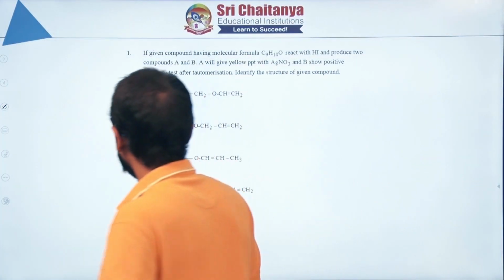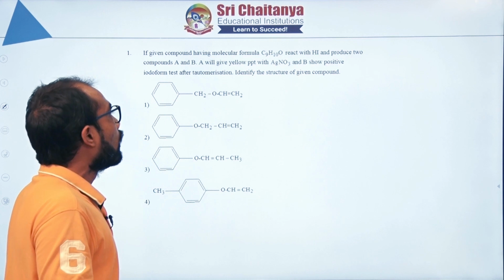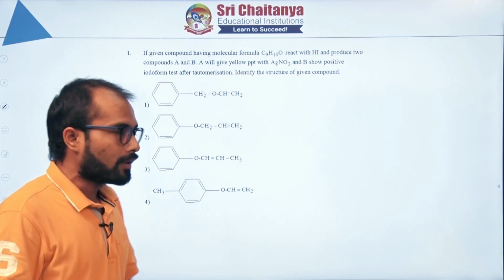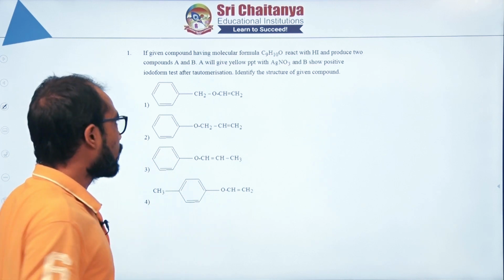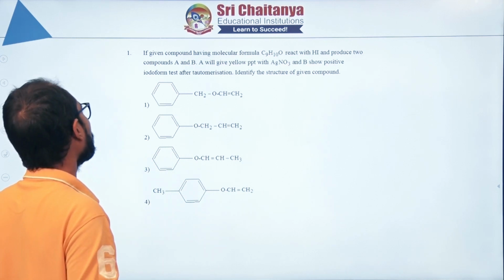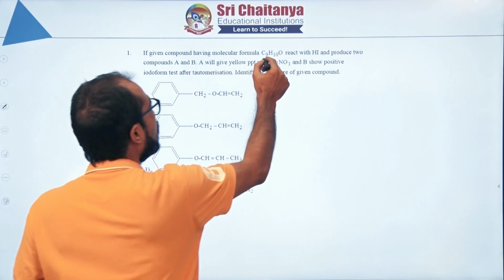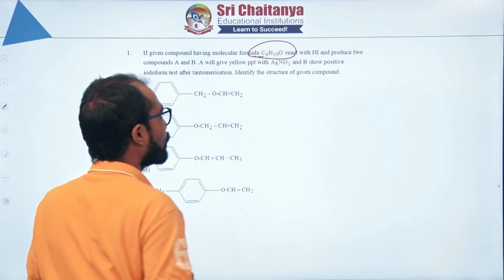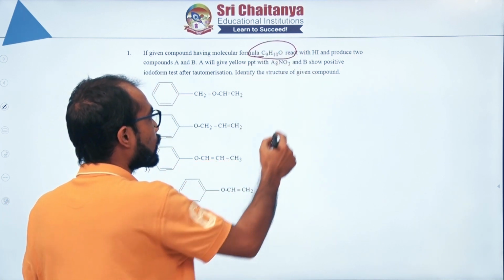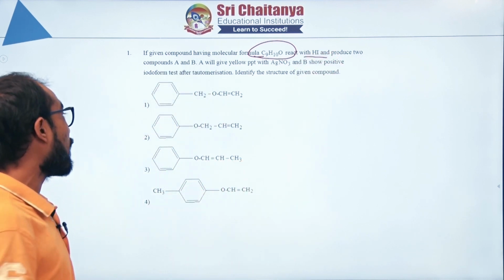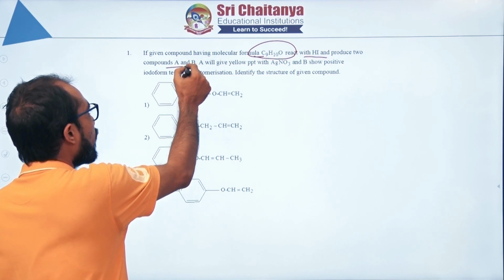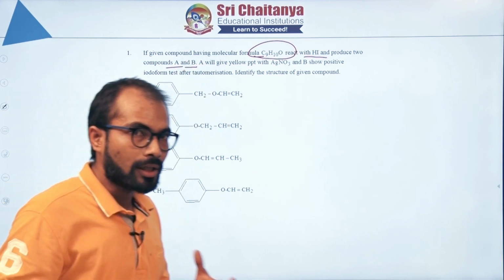The first question here is from ethers, and multiple concepts have been asked here. If you see the question, the given compound has a molecular formula, this is given in the question, and it reacts with HI and produces two compounds A and B. Now, they are talking about tests.